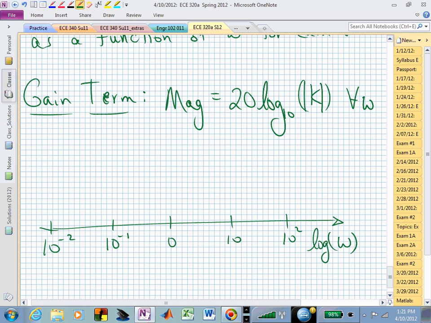I've now put 4 decades or 4 cycles in that particular sketch. And these would be uniformly spaced. I have 1, 2, 3, 4 cycles of my graph.